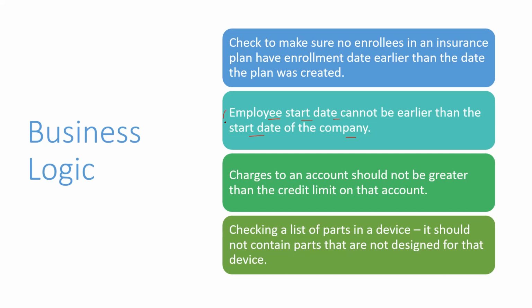This should be my own business rule, right? Also, charges to an account should not be greater than the credit limit. Every company, every organization has business logic, and that needs to be implemented so that the application the client is seeing is accurate. So we need to clean all this information.